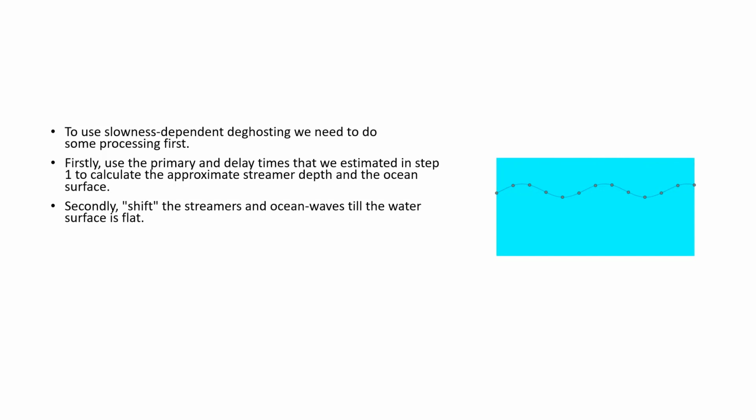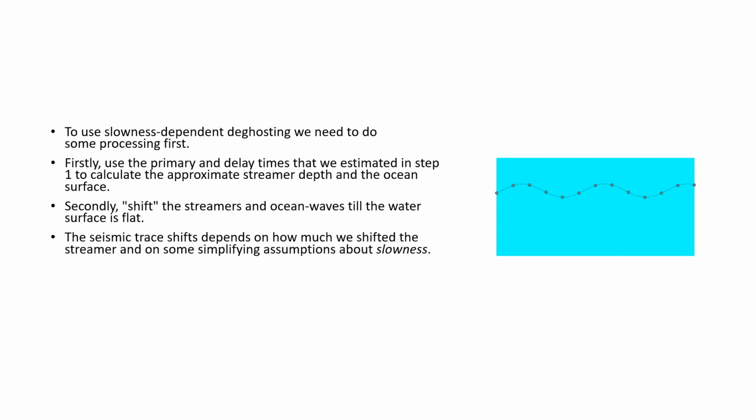And this plot trivializes the complexity in doing this, because we actually have to work out an approximation for the travel times and ray paths of what we're seeing, and try and work out where the streamers are and how the traces themselves can be shifted on the basis of that. So it's not an easy job, and it took a lot of back and forth to come up with something that would work.